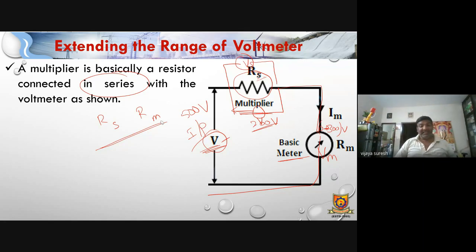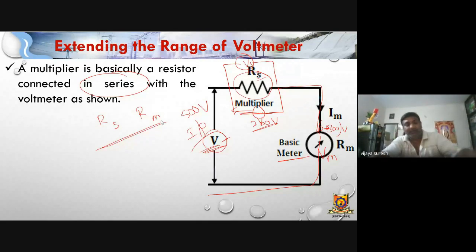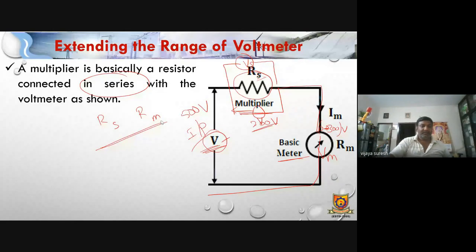And can anyone say the reason? Okay. So here just observe, we should have a certain amount of resistor.